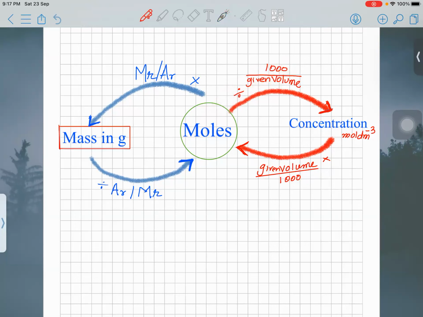Now look, concentration is equal to mole divided by volume, multiplied by 1000.